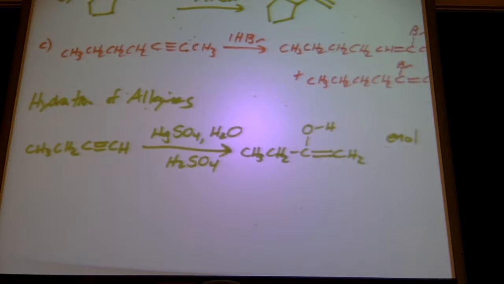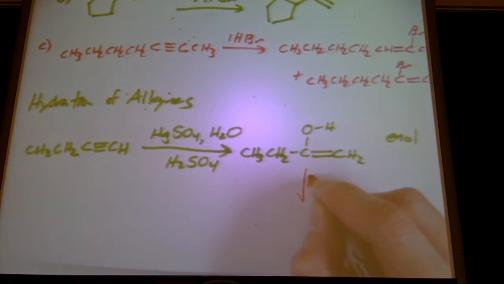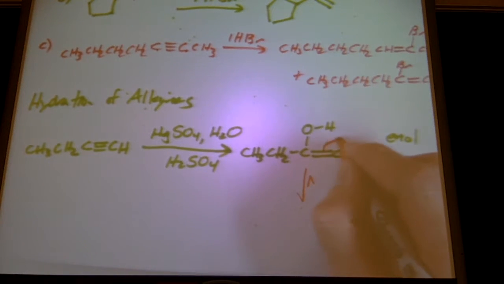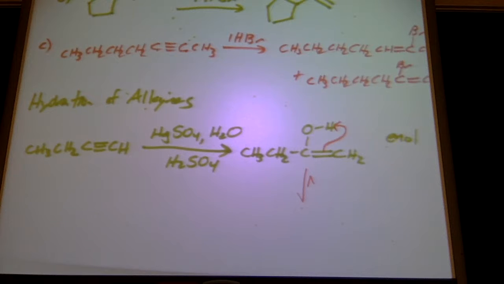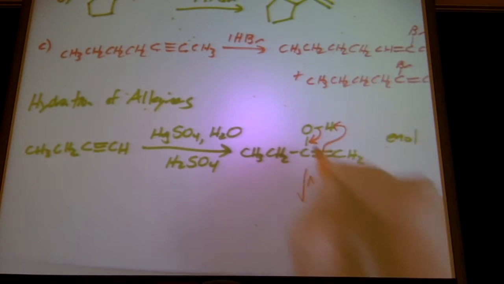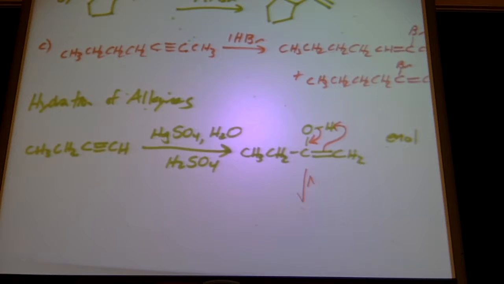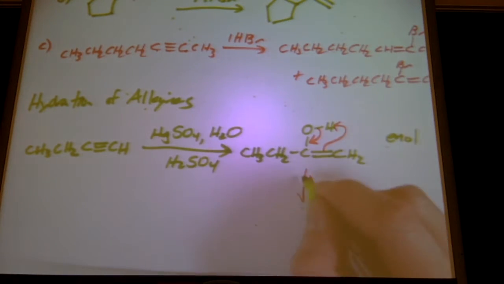Now, when you have an enol, it'll undergo this process known as tautomerization. Where the double bond takes a hydrogen off of my OH group, and these two electrons form my pi bond.